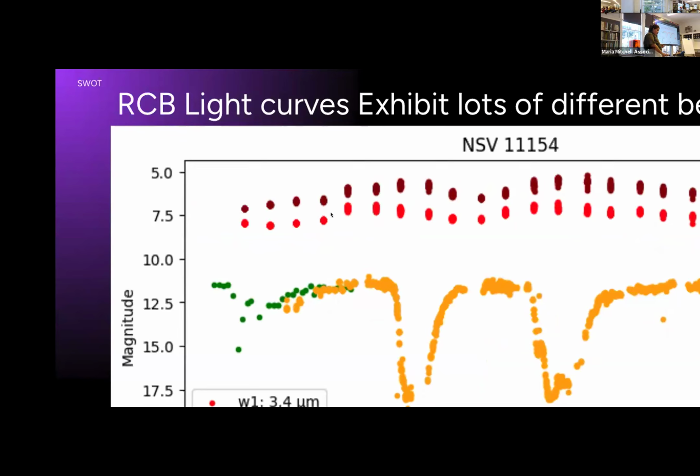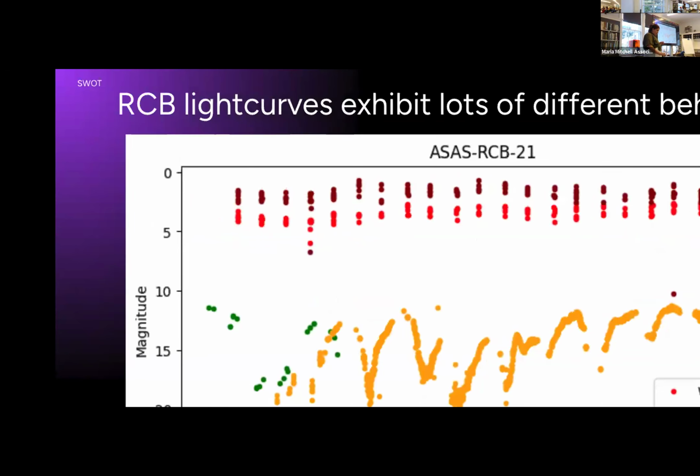We have a brightening right here before this decline, a brightening right here before this decline. And then another type of behavior is with these. This would be one of the colder stars, but it's got a lot of activity happening, and we see some of the infrared changes as well, but not as much as we did in the others.